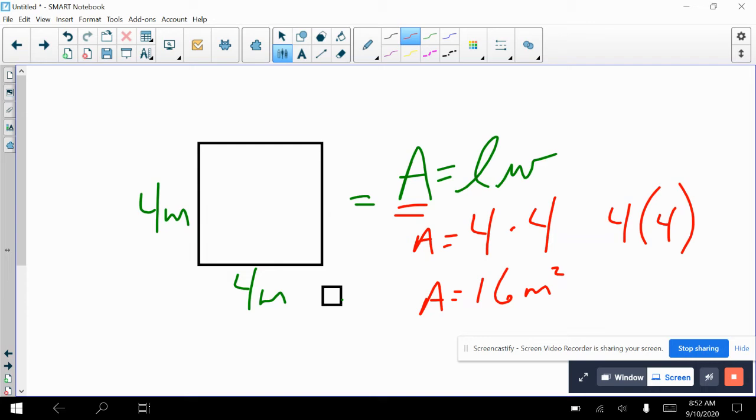If you're finding the area of something, you need to have it squared. You're squaring the units. Listen carefully. You're squaring the units, not the number. Does that make sense? Okay. Look here. Let's talk about something here real quick.